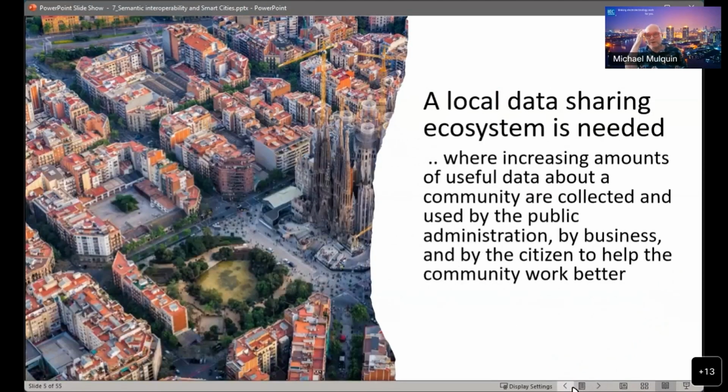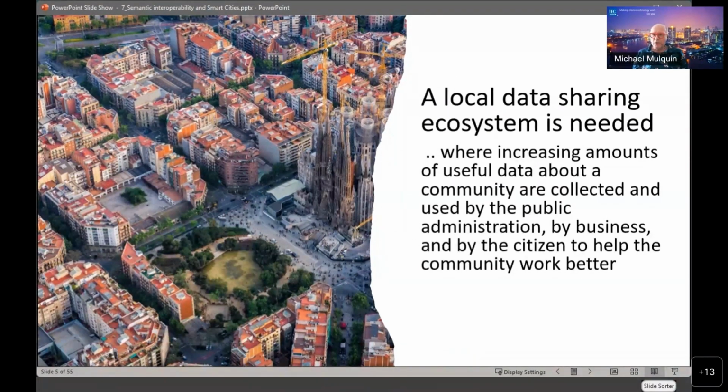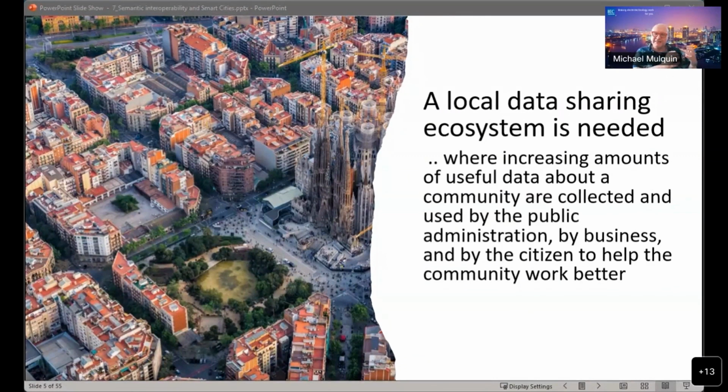So increasingly, cities are seeing the need of setting up a local data sharing ecosystem to enable all the data that's been gathered by these many different silos within the city to be brought together, in order to allow that kind of greater holistic insight into what's going on and how initiatives in one system impact on initiatives in the other.